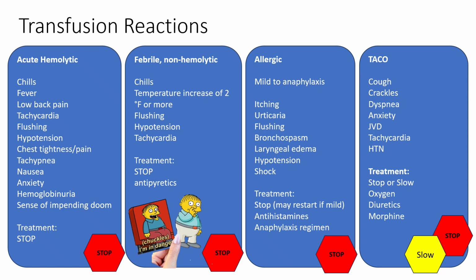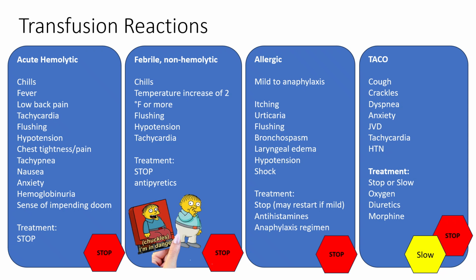Whereas with your acute hemolytic, hey, I'm infusing blood. Now suddenly I have the chills, fever, backache, tachycardia, and flushing. It's kind of obvious. With any type of transfusion reaction, aside from your TACO, you are going to stop the infusion immediately.